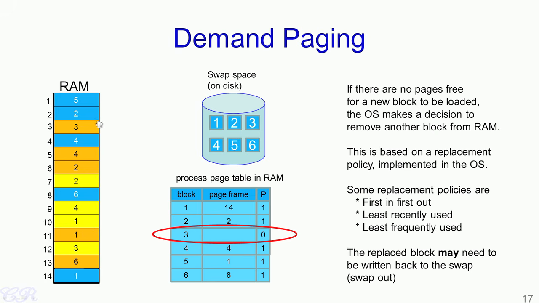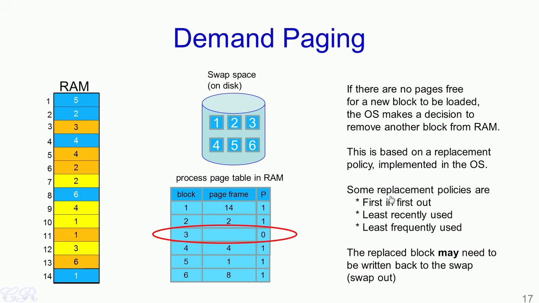So, the obvious decision that the operating system would need to make is which of these blocks it should remove in order to make way for the new block. This choice is based on some algorithm present in the operating system.